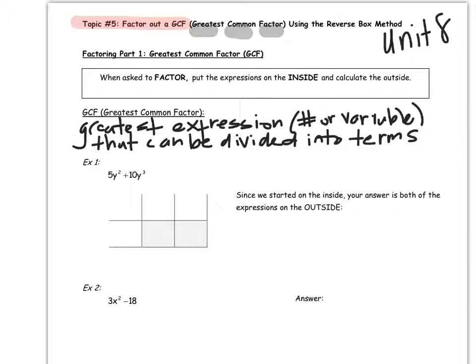So we are going to look at a couple terms, 2 or 3 or 4, and try to find the greatest expression that can be divided into both of them.